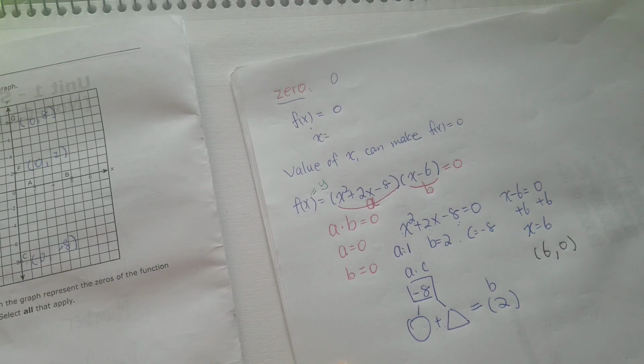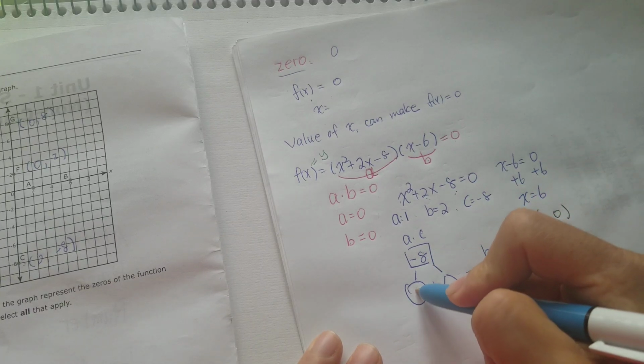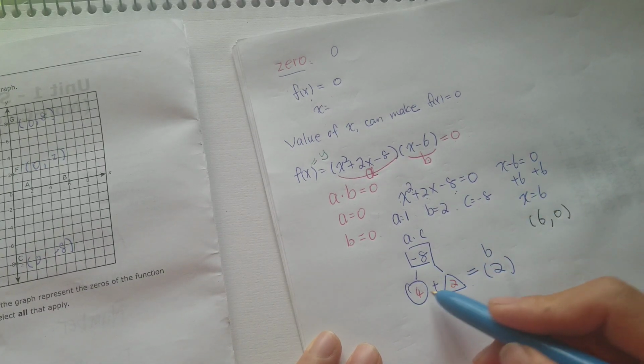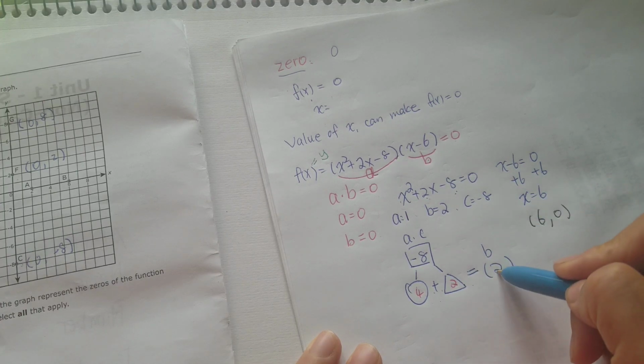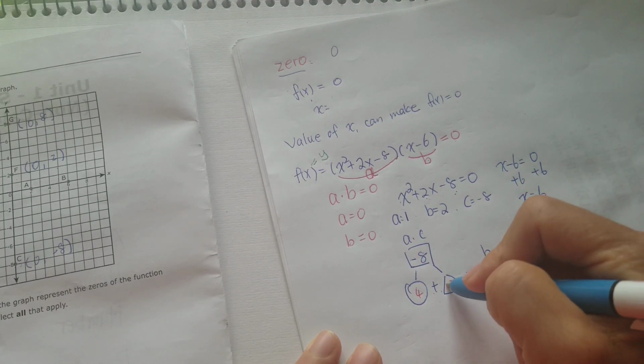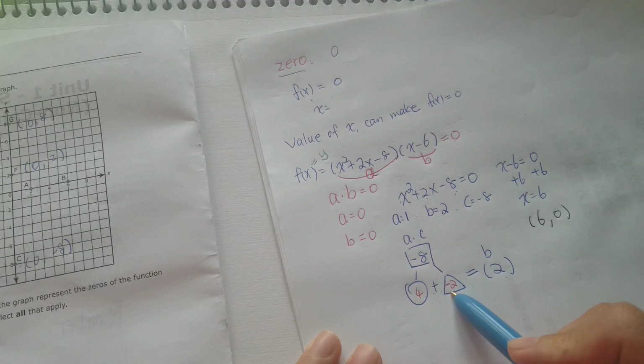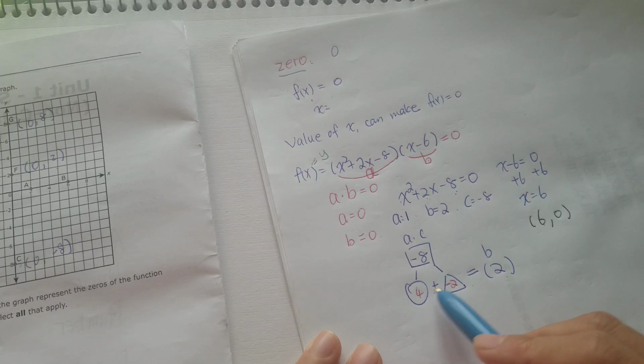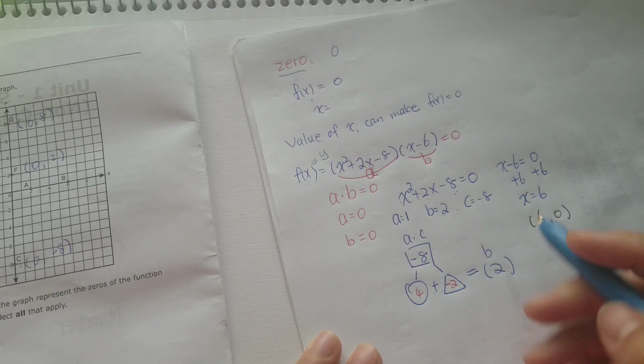In that case, you can see 4 and 2 are a good combination for 8, and the difference is 2. Since it's positive 2 and negative 8, we need to put a negative sign here. So double check: 4 times negative 2 is negative 8, and 4 plus negative 2 is positive 2.